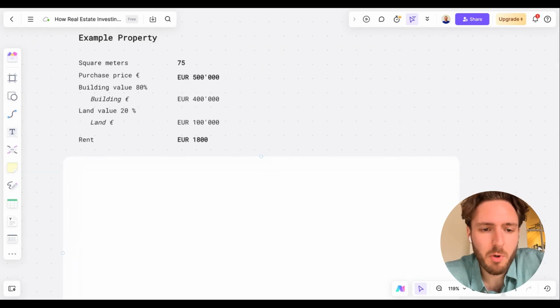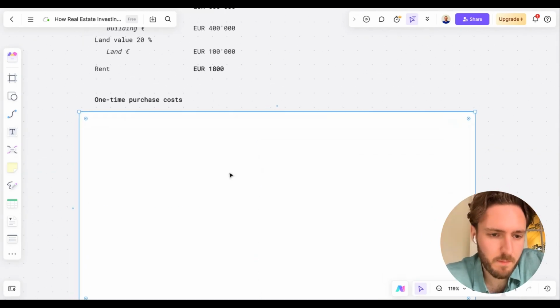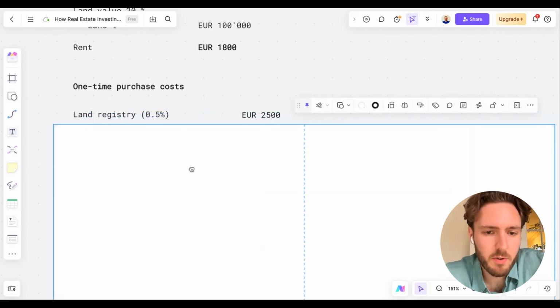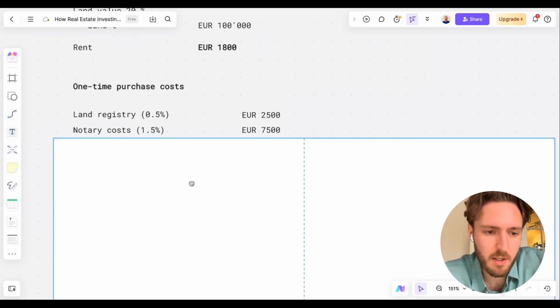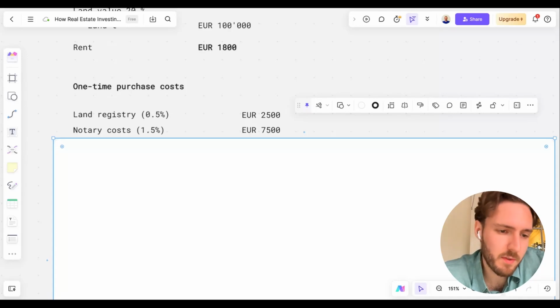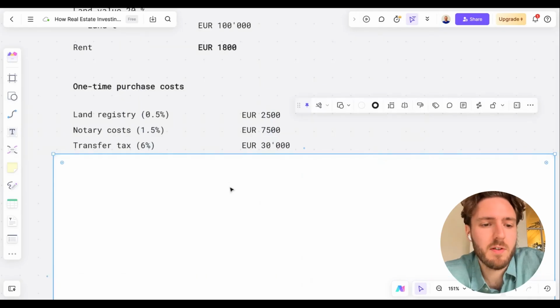Now, that's the property. And then you have one-time purchase costs. What are these one-time purchase costs? You have something called the land registry. That's 0.5% of the purchase price, which is sort of like a tax thing. You have the notary costs. You have to seal the deal at one point. That's 1.5%. And then you have a big expense, which is the transfer tax.